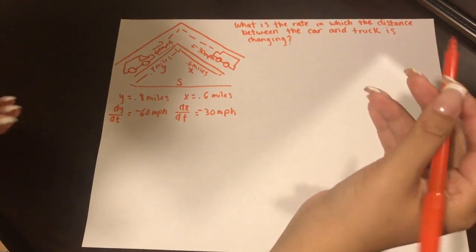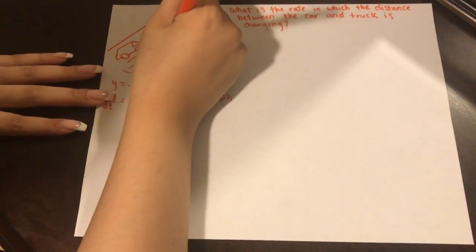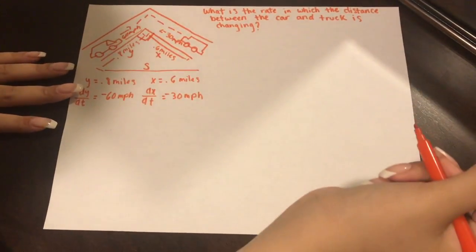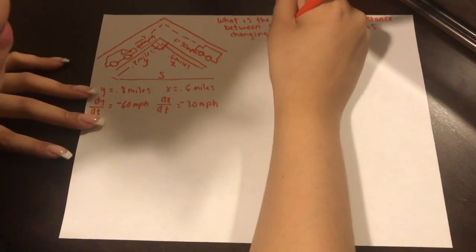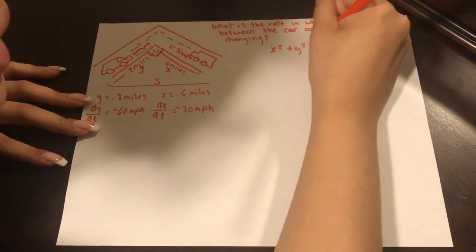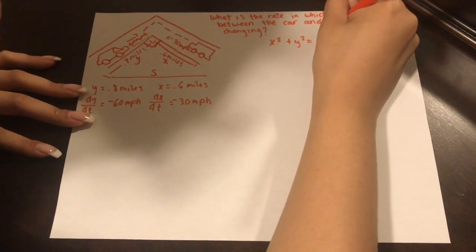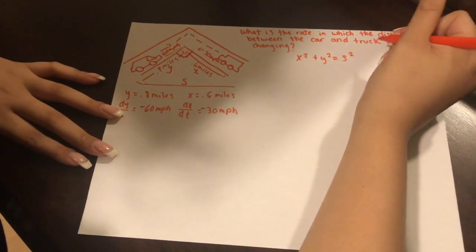So the roads are perpendicular to each other, so we assume that this will be a right angle. So the equation we are going to use is the Pythagorean theorem, which is x squared plus y squared equals s squared. Now we have to find the derivative with respect to time.